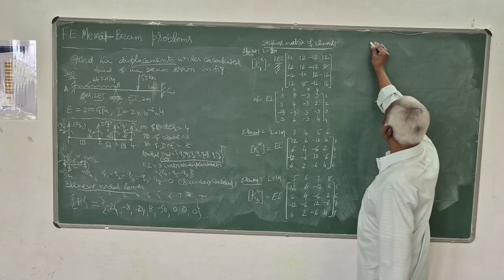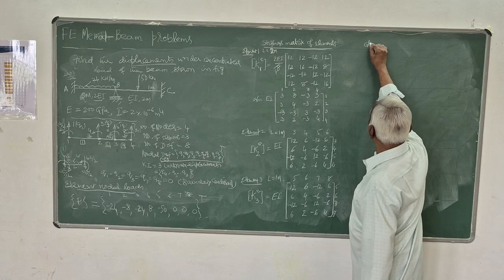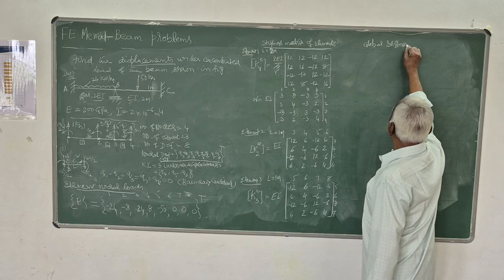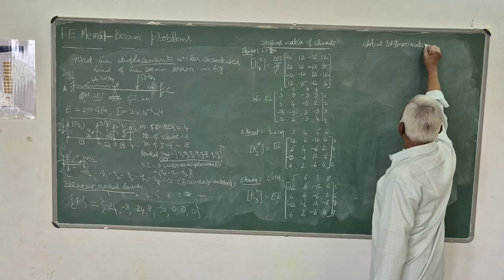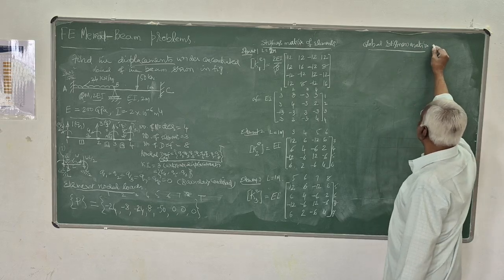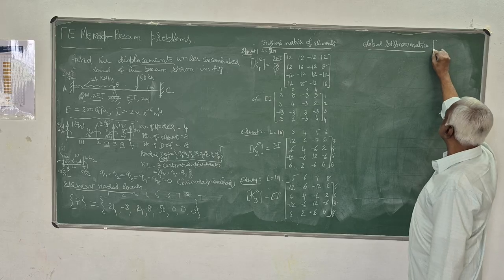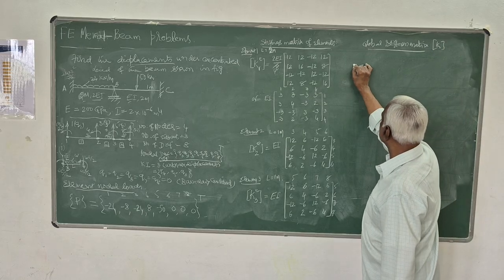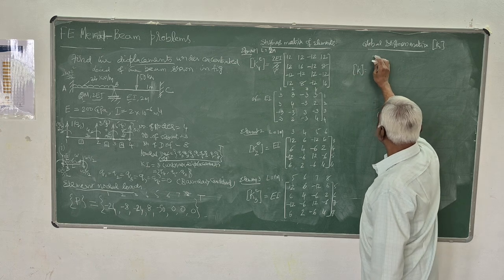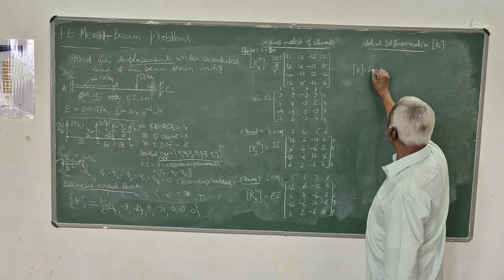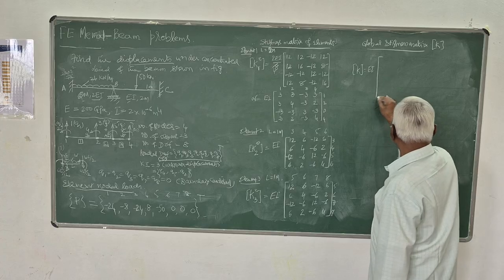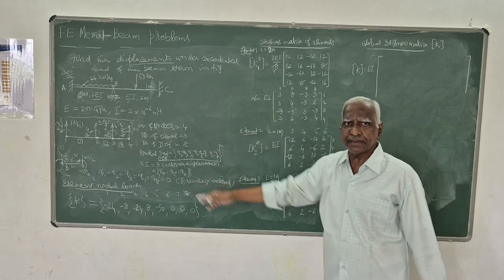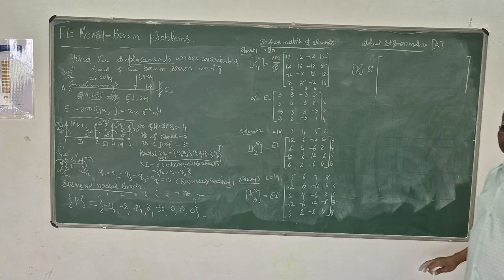Next, you can find out the global stiffness matrix or structure stiffness matrix, K. For the entire structure, you can generate a stiffness matrix. For the entire structure, that is 8 by 8 matrix, you have to generate.